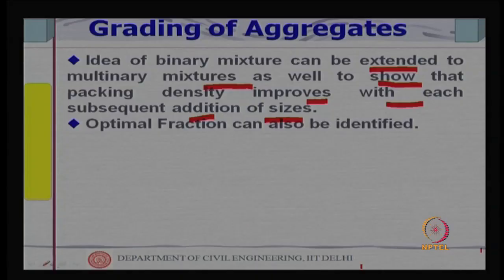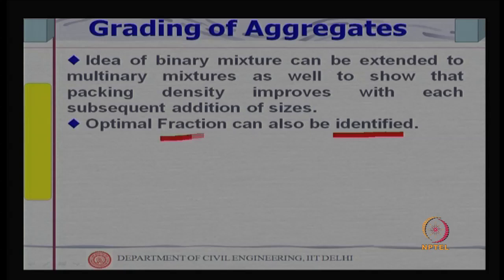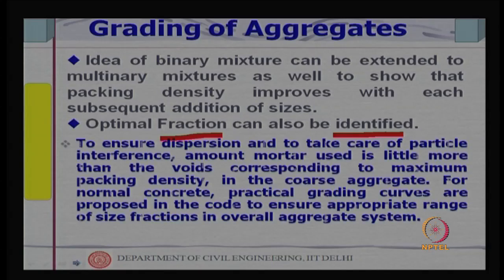So, you can also identify the optimal fraction, and therefore, to ensure dispersion and to take care of particle interference, the amount of mortar used in the aggregate system is a little more than the voids corresponding to maximum packing density in the coarse aggregate.